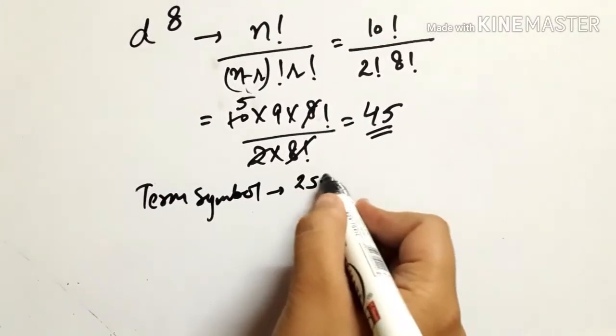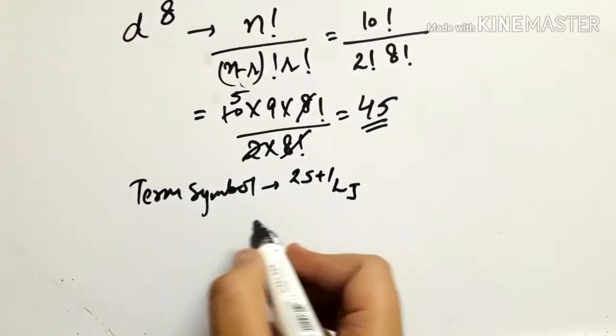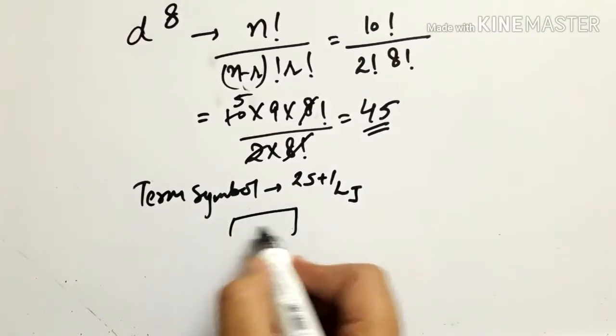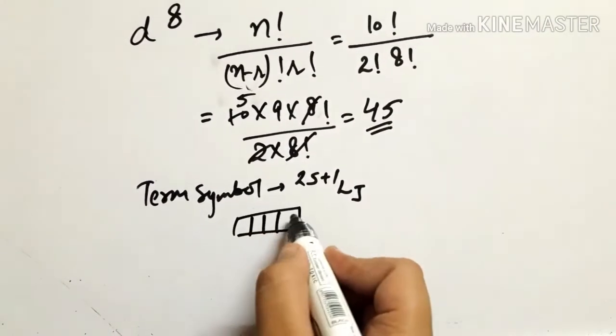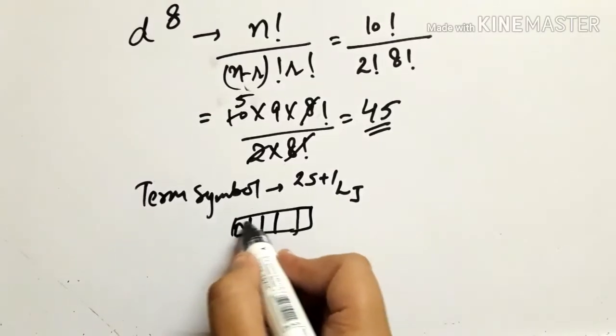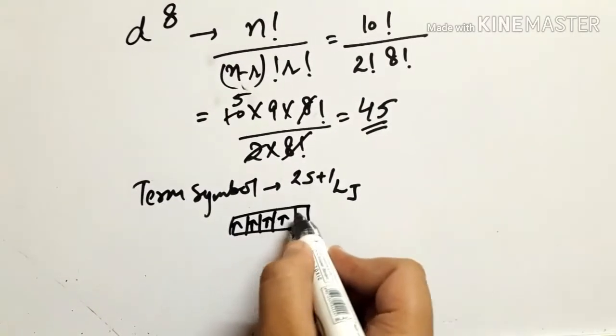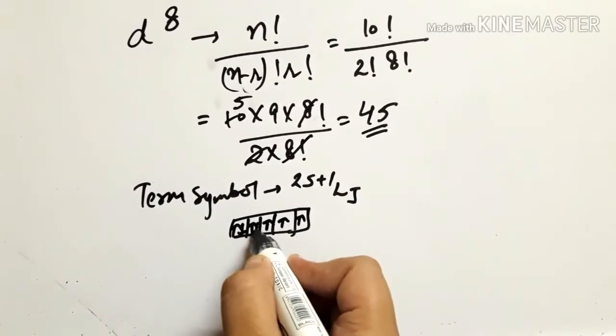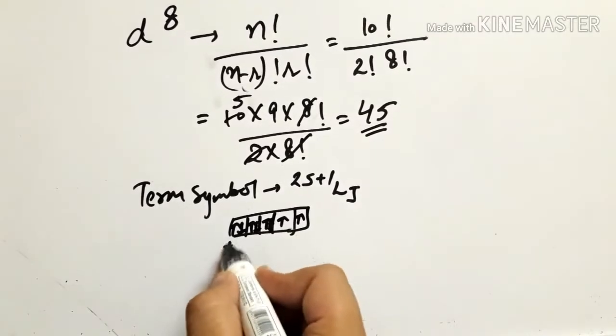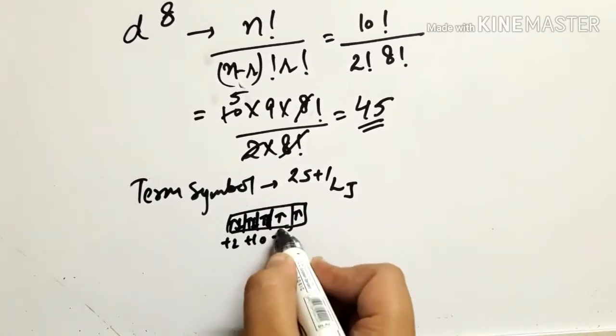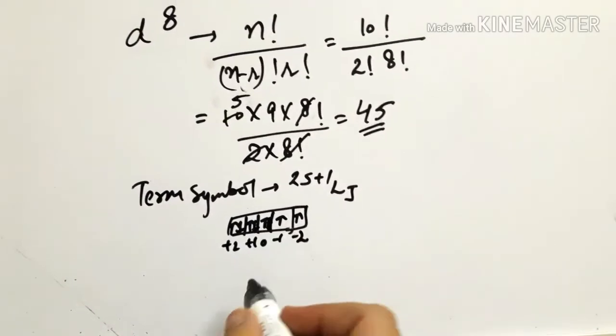we have 2S plus 1, L and J. So first we will make it as 1, 2, 3, 4 and 5, 6, 7 and 8. So plus 2, plus 1, 0, minus 1 and minus 2.